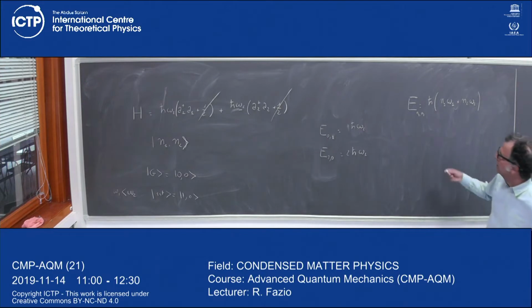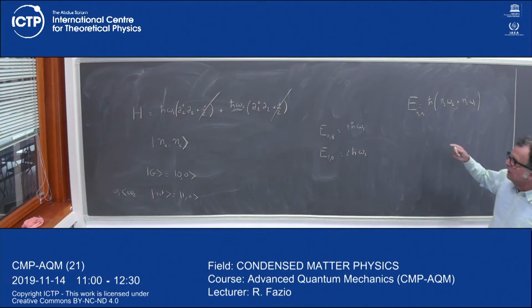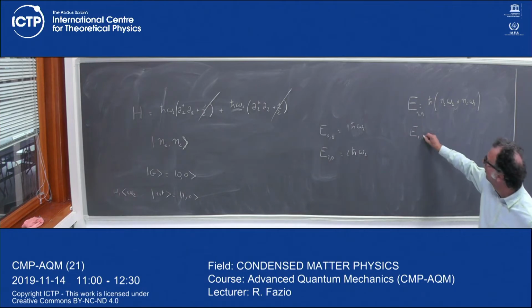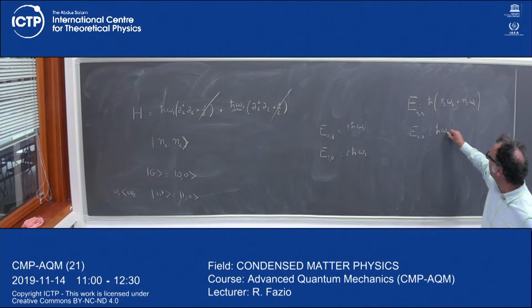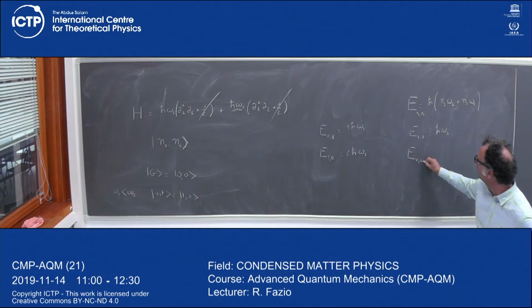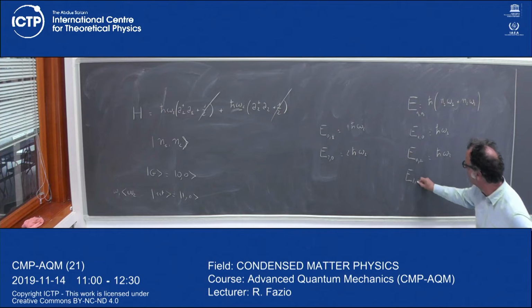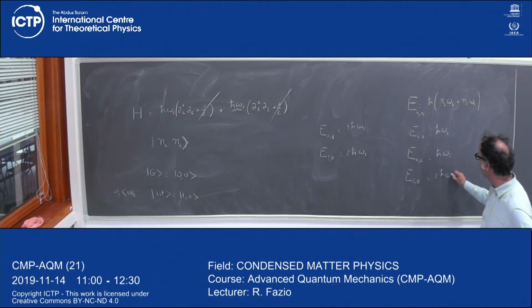Then if I try to organize the various other terms, for instance here 1, 0, here 0, 1, then 1, 1, 2, 0, 0, 2, 2, 1, 1, 2, all these possible combinations. Now after 0, 0, I will have E 1, 0, which is h bar omega 1. Then I have 0, 1, which is h bar omega 2. Then I have E 2, 0, which is twice h bar omega 1.